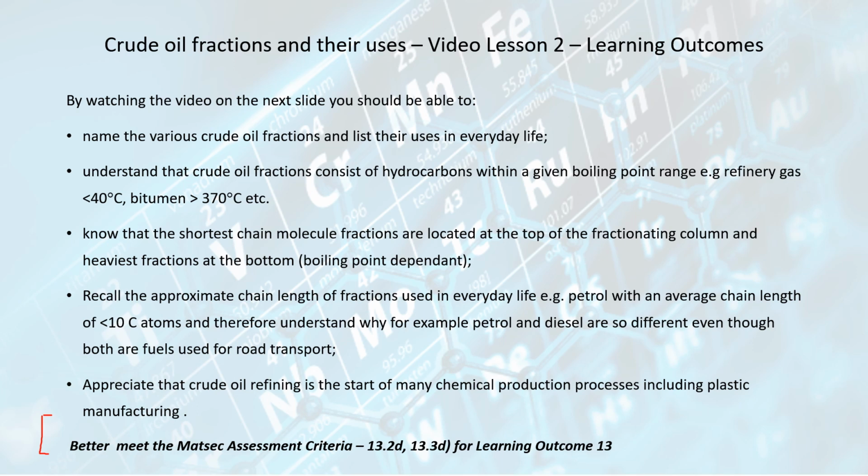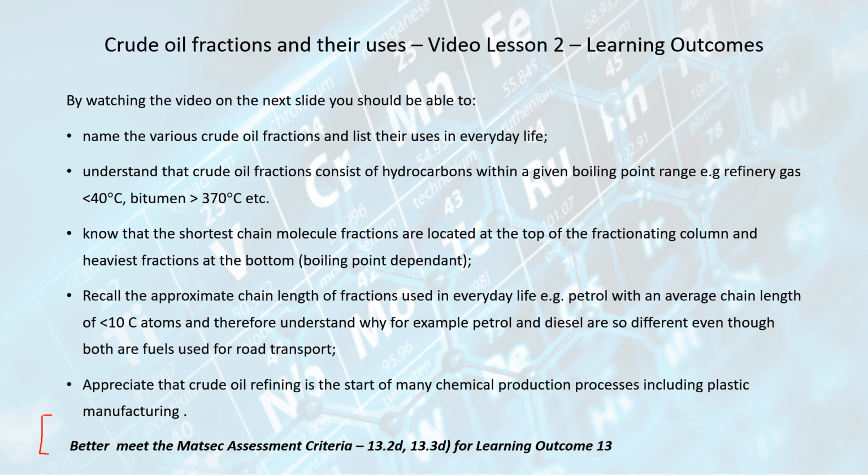Okay, you should be able to understand that each fraction consists of hydrocarbons. As I said in the previous slide, okay, hydrocarbons are chemicals that consist only of two types of atom, hydrogen and carbon.